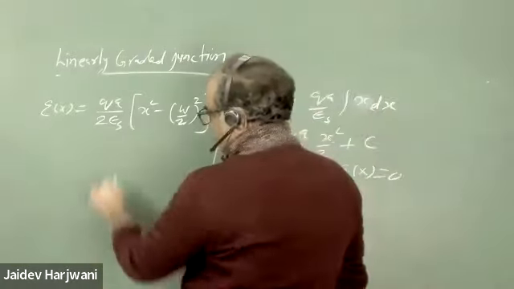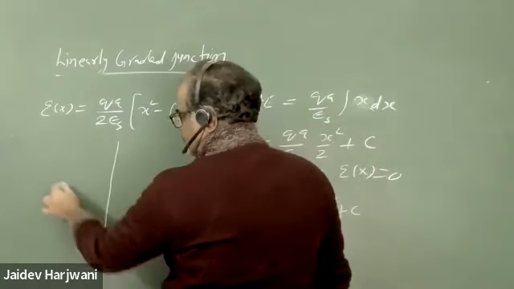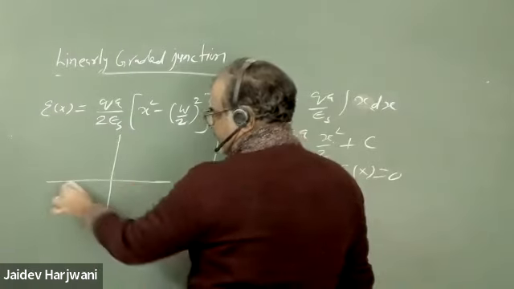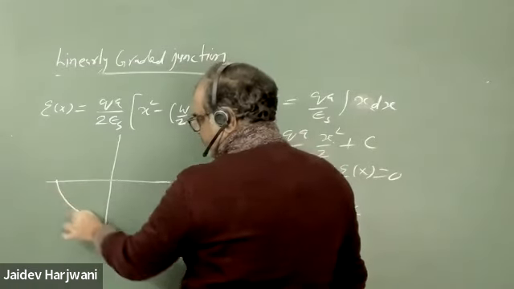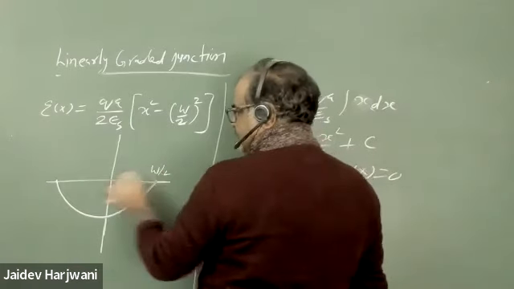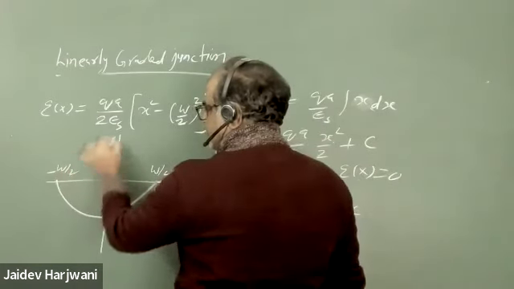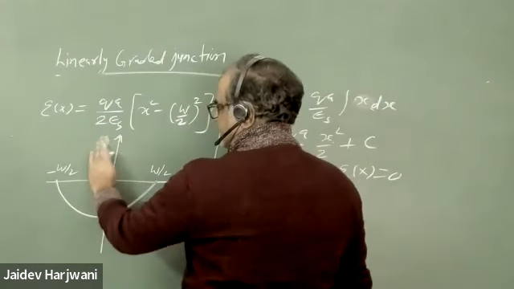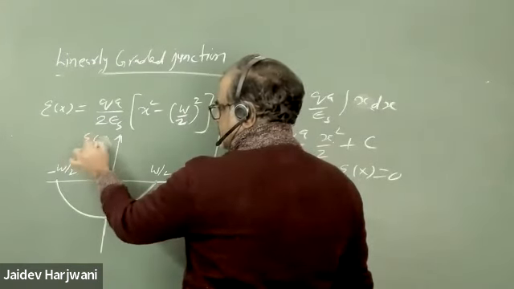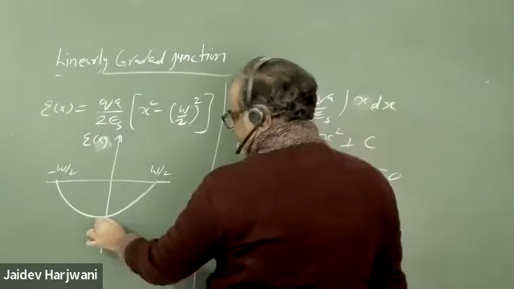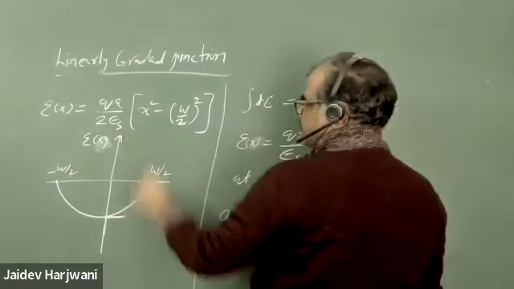Now if I plot, this is like a parabola. I know at W by 2 at the boundary it is 0 and somewhere here it is maximum. This is electric field as a function of x, from minus W by 2 to W by 2, and here it will be maximum. At maximum you can put x equal to 0.